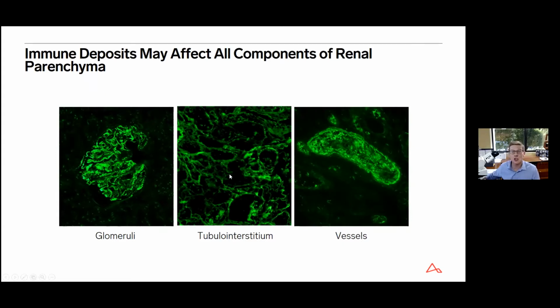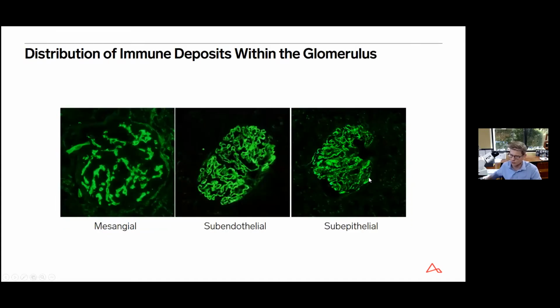Here you're seeing the tubular basement membrane stain positive. And over here on the right, a vessel that's staining positive. Now, I told you, we really focus on the glomeruli. So in the glomerulus, we go beyond just saying positive or negative. When it's positive, we'll try to even specify a pattern. What's the pattern? The types of proteins present combined with the pattern that we see in the deposits gives us really important information about the disease process that's present in that kidney.